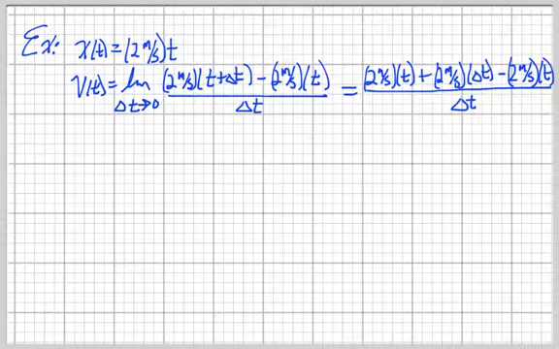Do you guys see anything that cancels? Eventually, yes. You've got a 2t here and a negative 2t over here, and those two are going to eliminate each other. Then we have our delta t.